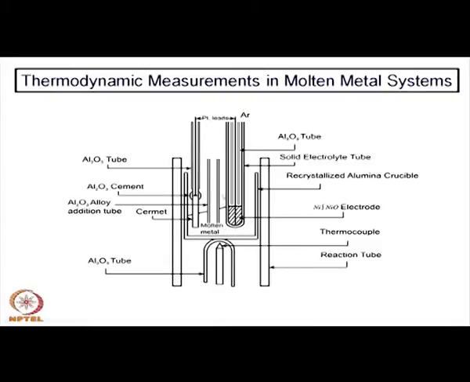So, actually if you measure a potential between this, there is a platinum wire there which connects this surface, and therefore, between this platinum and this platinum here, the cermet is also connected to another platinum wire. So, between these two platinum wires you will get an EMF which represents the oxygen potential of the metal.